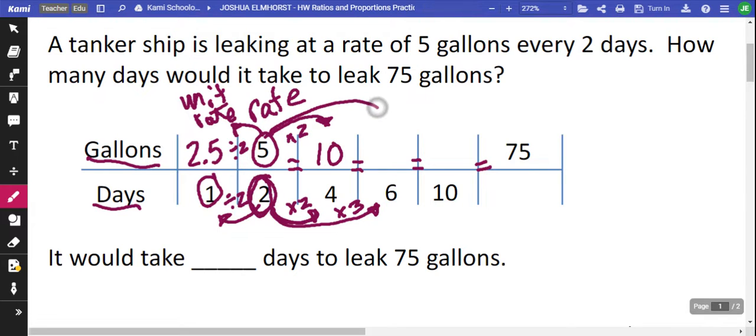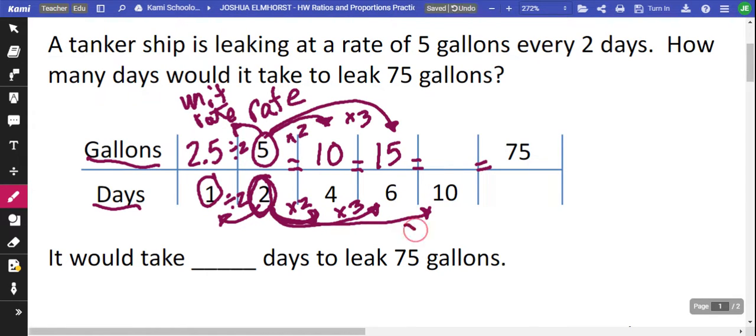So we're going to use the same multiple up here, where it's 5 times 3 is 15. So 1 day, 2.5 gallons. 2 days, 5 gallons. 4 days, 10 gallons. Six days, 15 gallons.